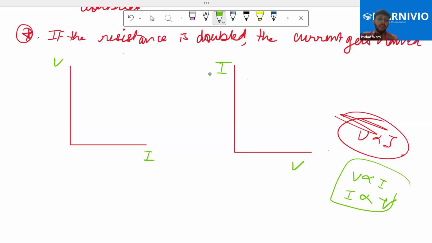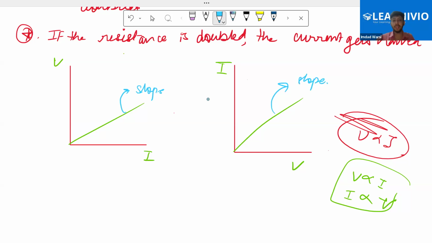So the graph in both cases is a straight line. V versus I graph or I versus V graph is a straight line, and this line in the graph has a slope. First we make this, then we'll see the later condition.